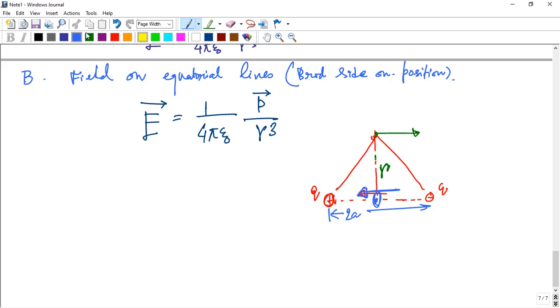That's the dipole moment P. That's the electric field at the equatorial plane. Here there is a plane that looks like this. P is in that direction and the electric field is in the opposite direction, so they are anti-parallel.